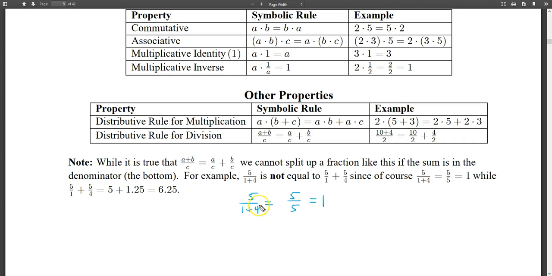But if you were to split the fraction up incorrectly and write it as 5 over 1 plus 5 over 4, well, 5 over 1 is 5, and 5 over 4 is 1.25. You can evaluate that on your calculator if you want. And that, of course, is 6.25. Well, of course, these are not equal to each other. So you see, you can't split a fraction up like that if the addition is in the denominator. So just be careful about that.